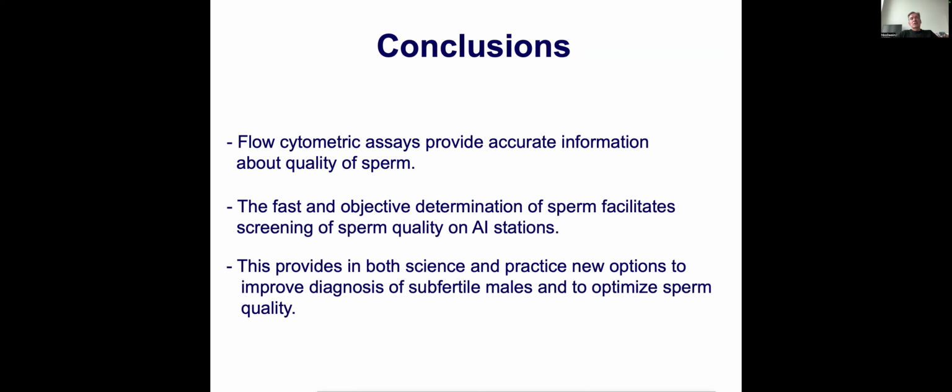And this is not only important for practice, but also for science. And by using this method, flow cytometry, we have new options to improve the diagnosis of subfertile males and to optimize the sperm quality, for example, by optimizing the cryopreservation process.